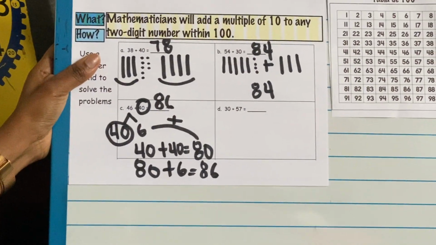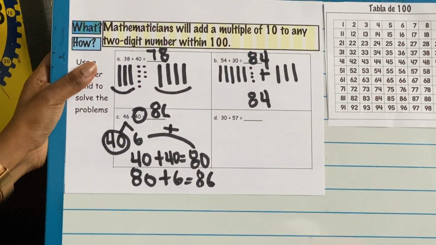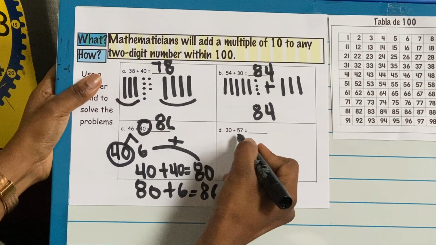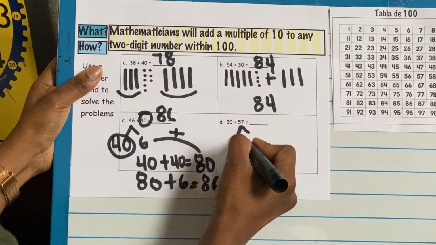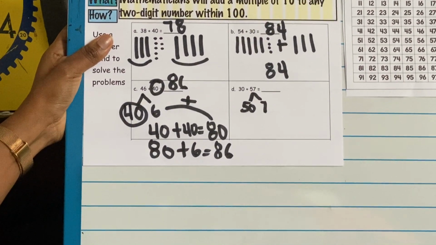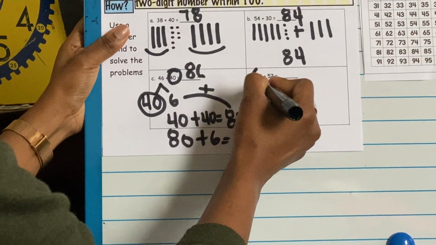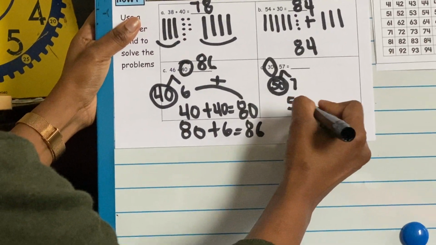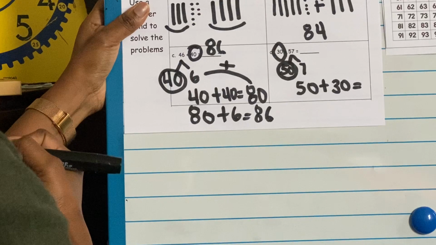Let's do one more. So we have 30 and 57. Which number are we going to break into tens and ones? We're breaking 57. And how are we breaking it? Into 50 and 7. Then what's our next step? We're going to add 50 and 30. 50 plus 30 equals what?